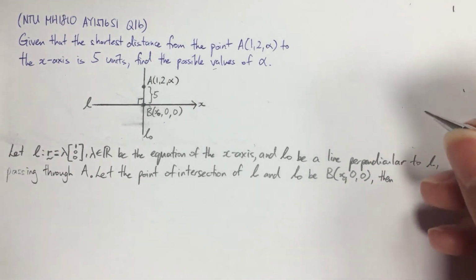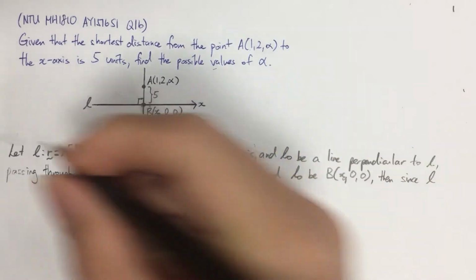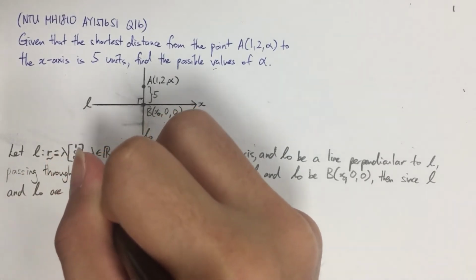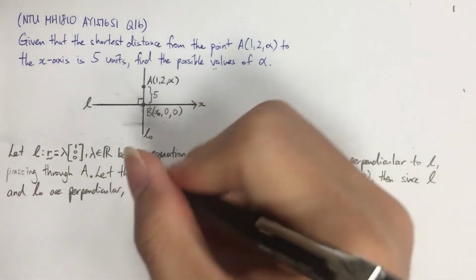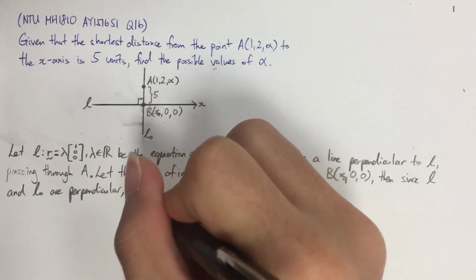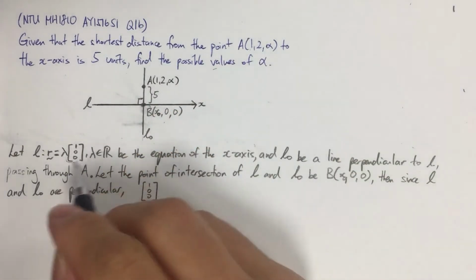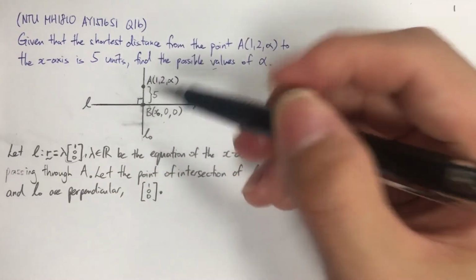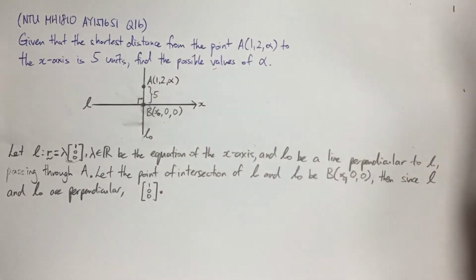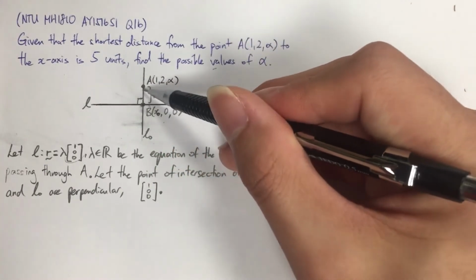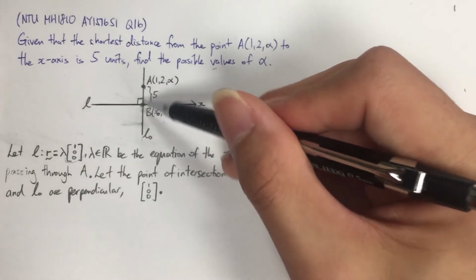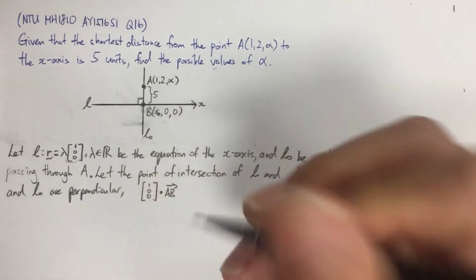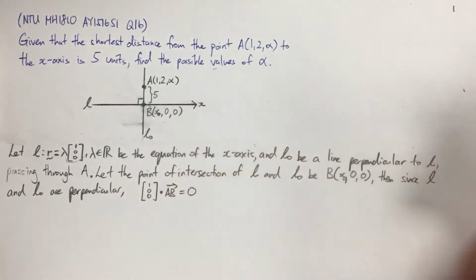So since L and L0 are perpendicular, the direction vector of L, which is (1, 0, 0), dotted with the direction vector of L0 should be 0. You can get a direction vector of L0 by just taking AB, which is a direction vector in the direction of L0. So (1, 0, 0) · AB should be 0.